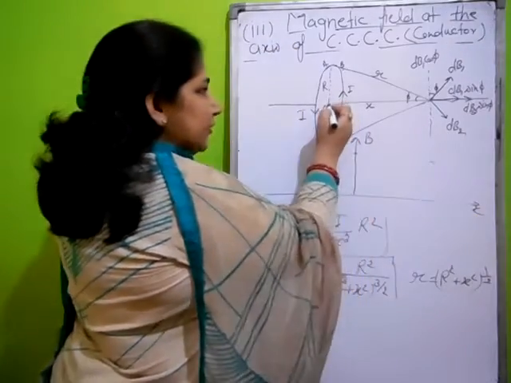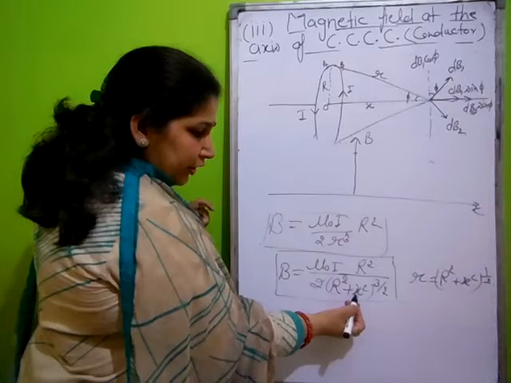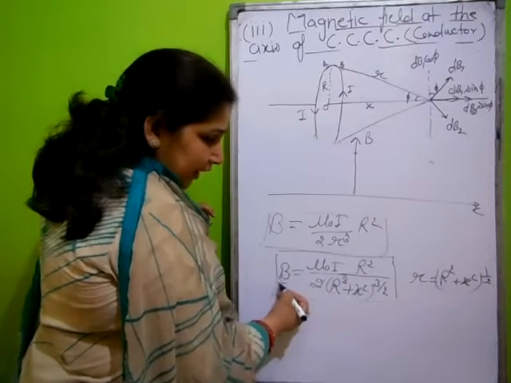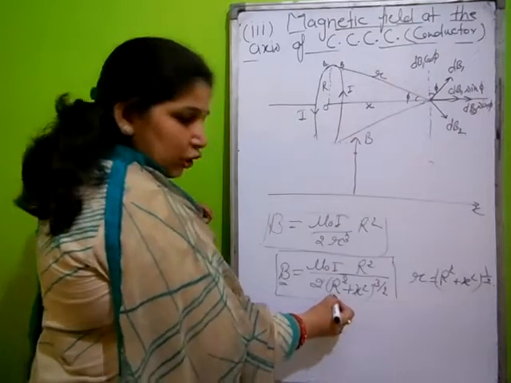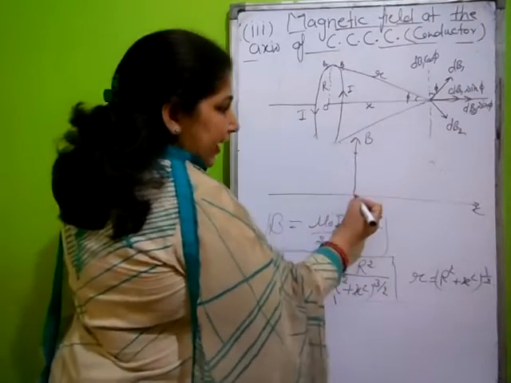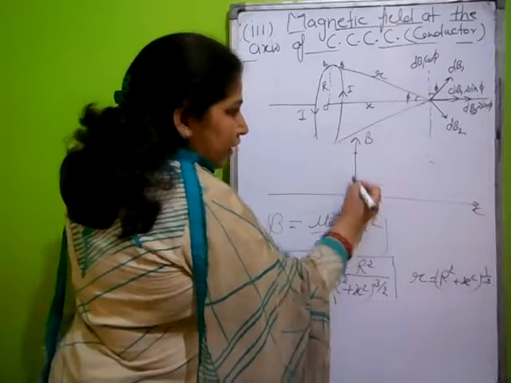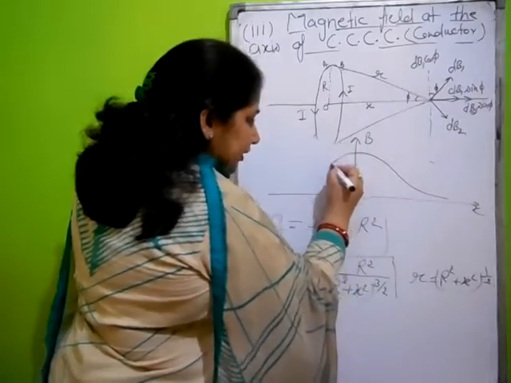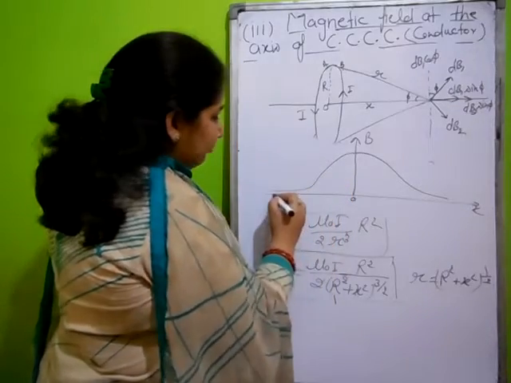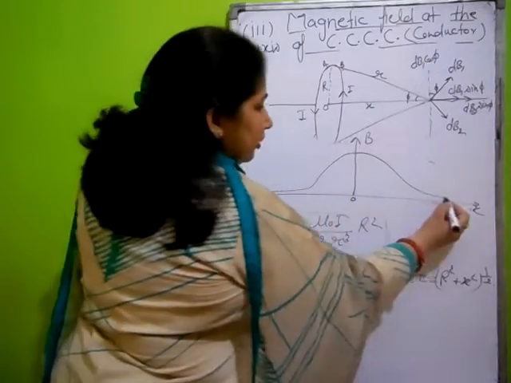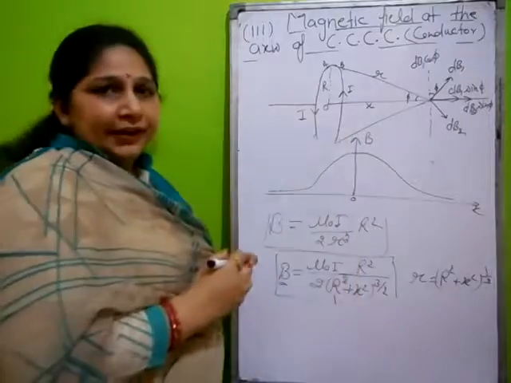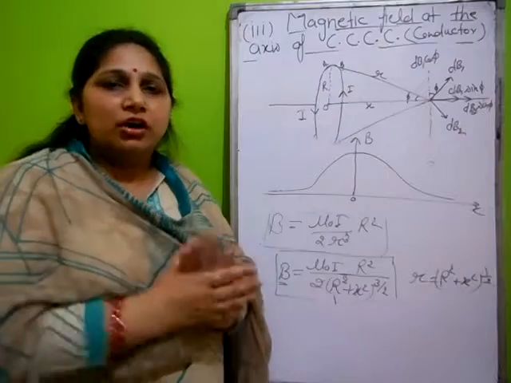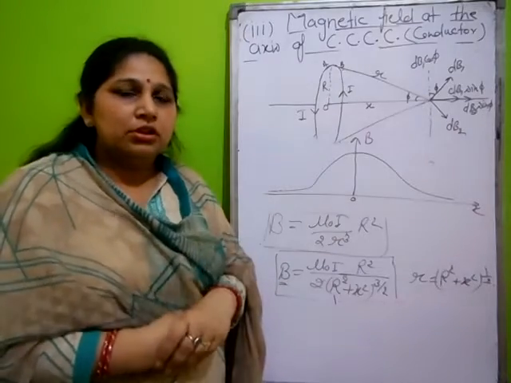It will be maximum at the center: when we put x equal to 0, B has its maximum value as the denominator is minimum. On moving along the axis it will decrease gradually. This is the graph for the magnetic field due to a current carrying coil. This is all about the magnetic field on the axis of a circular coil.